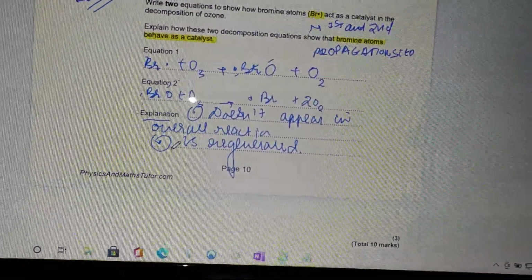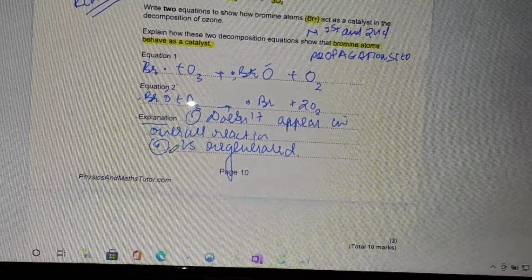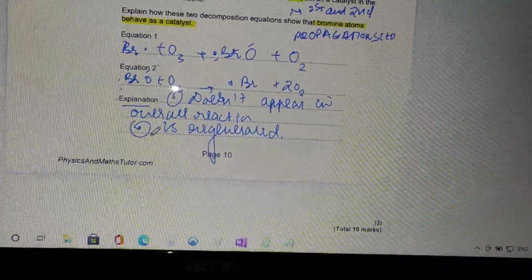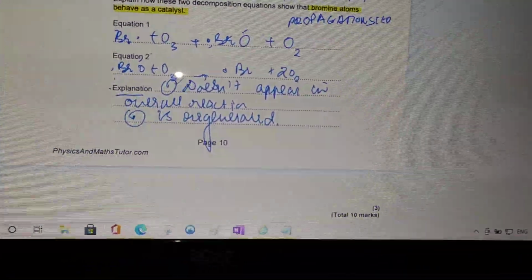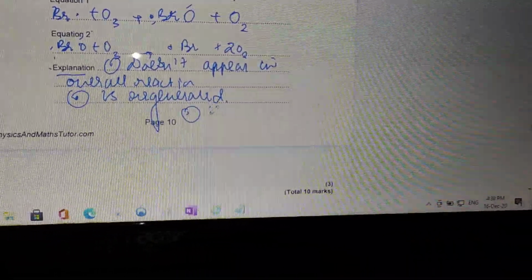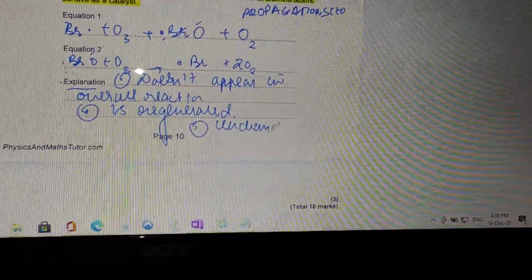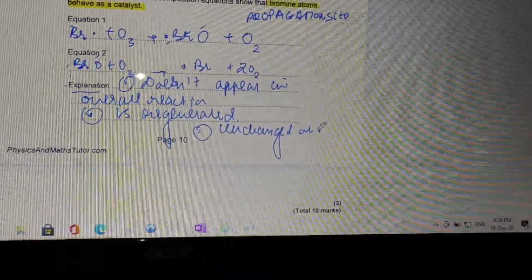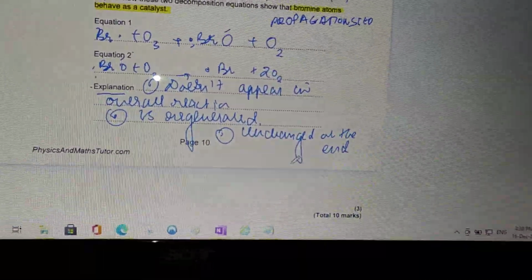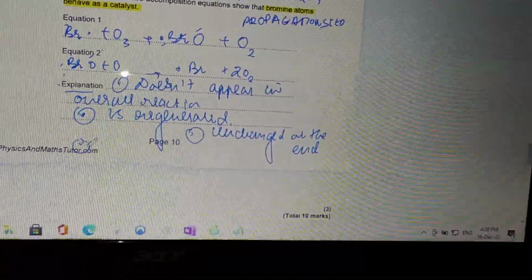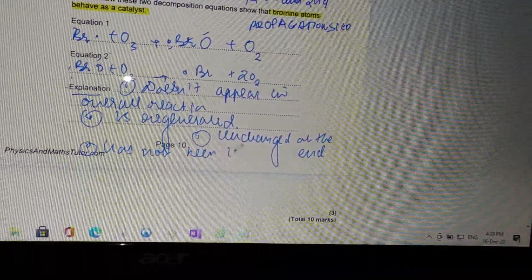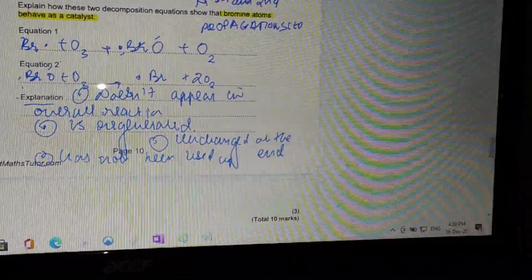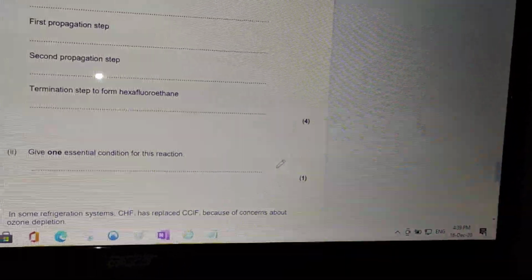So it's not displayed in the overall reaction. It's regenerated, as you can see. Also, it's unchanged at the end, which proves that it's a catalyst. Also, you can say that it has not been used up. That will all give you marks.